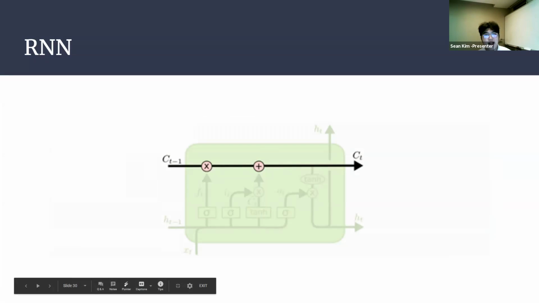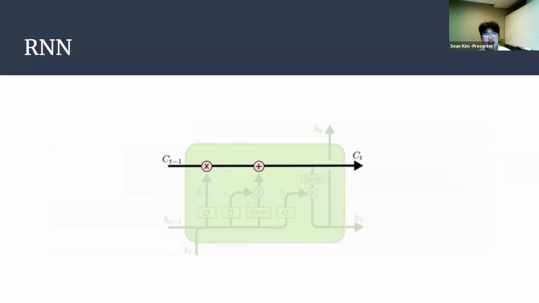The LSTM has the ability to add certain things to the cell state, and these are controlled by things called gates. Gates are additional ways that information can be processed and delivered, and they are created by a sigmoid layer and a pointwise multiplication.